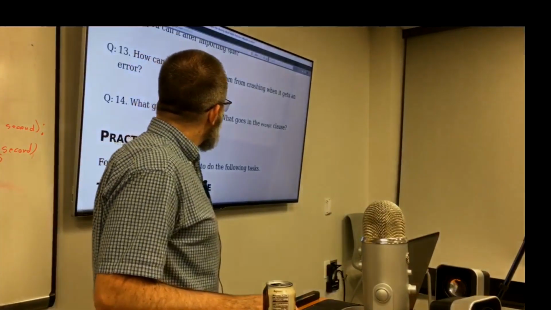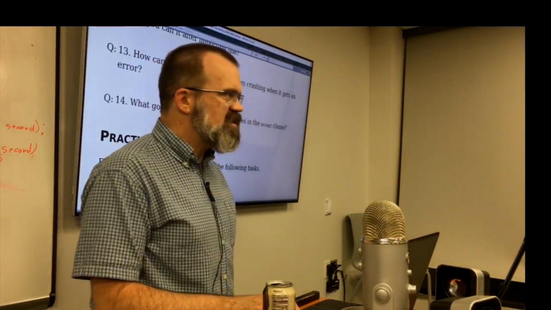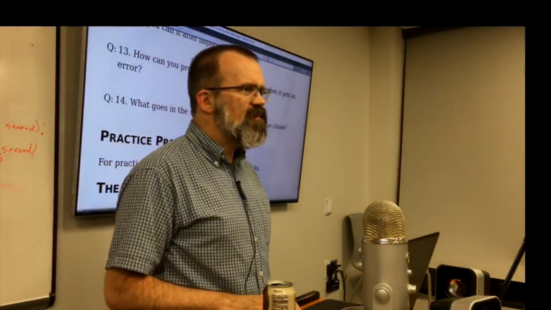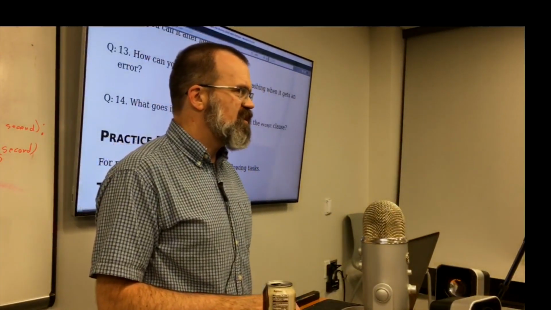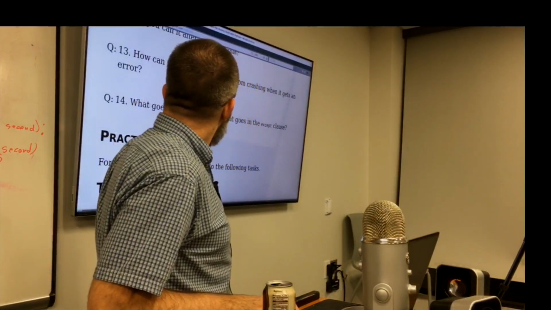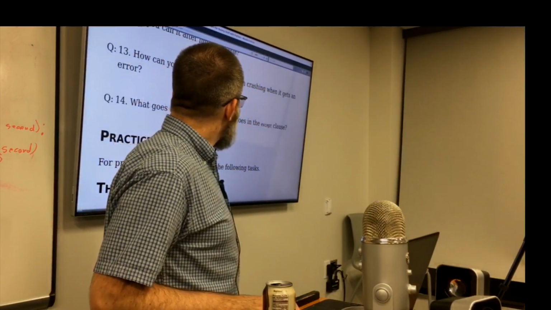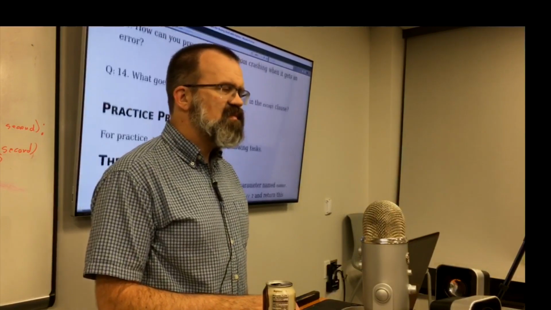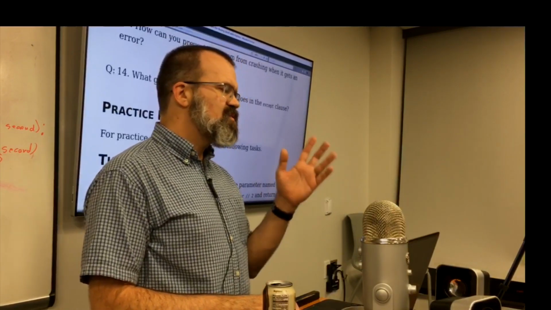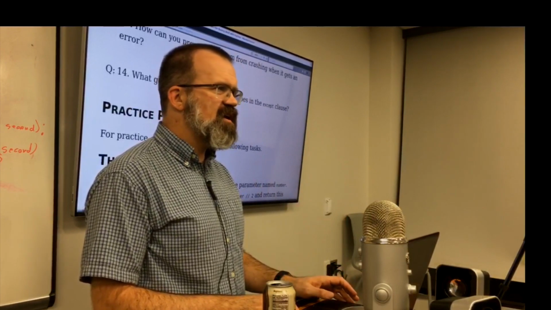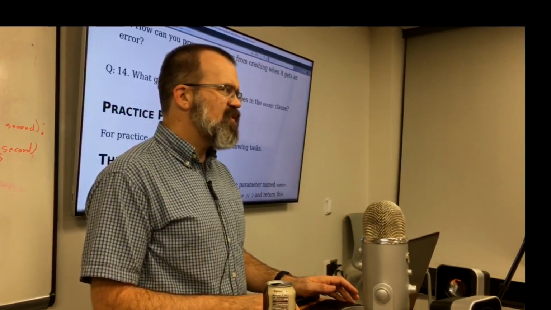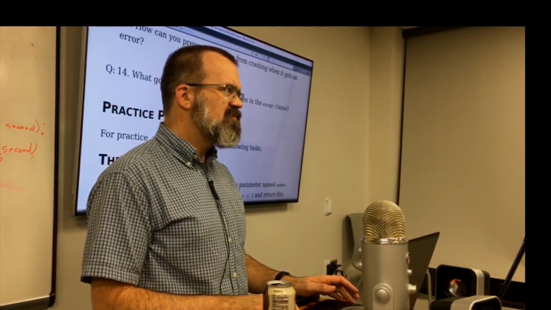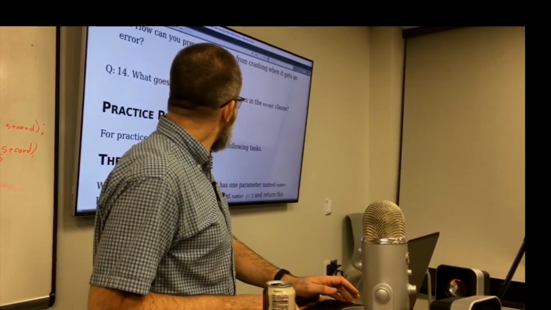How do you prevent a program from crashing when it gets an error? Try except, okay? What goes in the try clause? And that's typically wrapped in, I'm looking for a word that starts with the letter B. A block, okay?